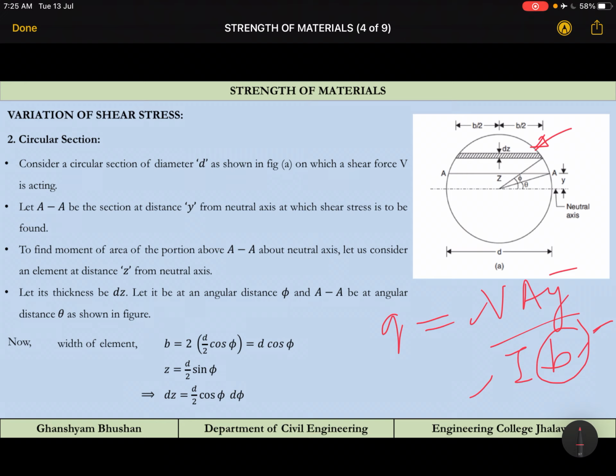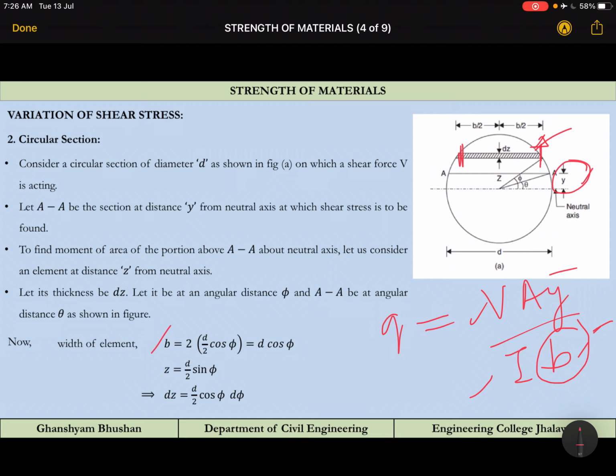So at any depth y, we are going to take a small strip. At angle theta, the variation is like up till depth y theta is there, and up till depth z phi is there. So first try to calculate the b. b is the required width of the strip which we are going to use.